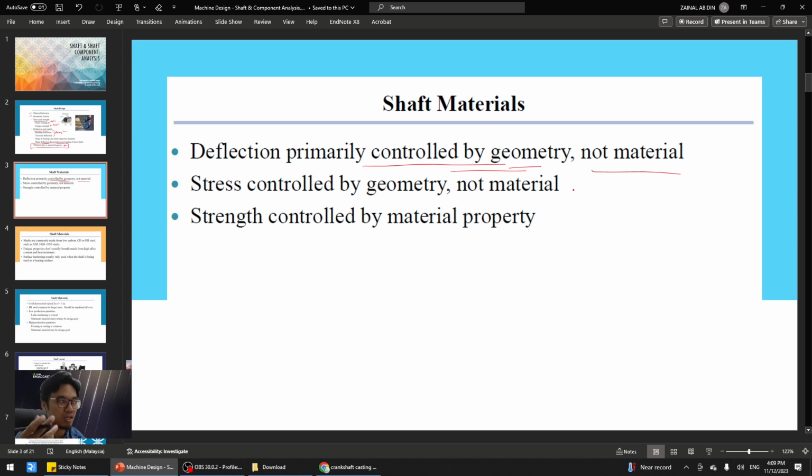The selection of material only controls your strength, not the deflection of your shaft and not the stress upon the shaft. Okay, you must take note of this if you are designing a shaft.